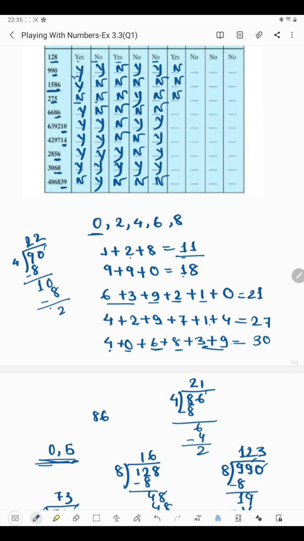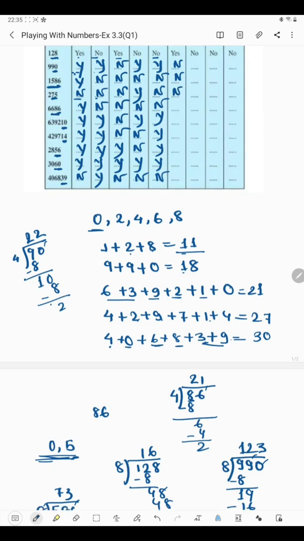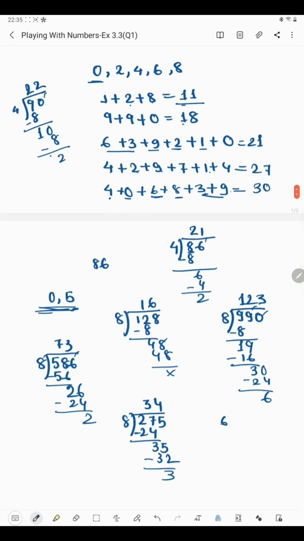Okay. In the next number we have 686. The last digits are 686, so again we will divide by 8. So 8 eights are 64. Now 68 minus 64 is 4. Then 6 will come down. 8 sixes are 48, so we cannot take 48 as 48 is greater than 46.